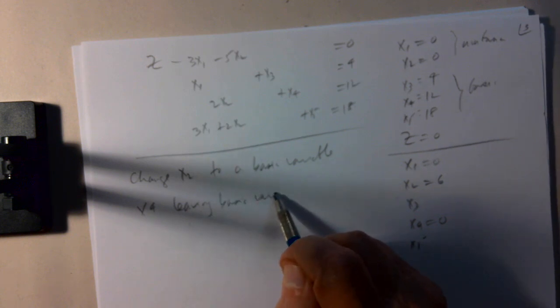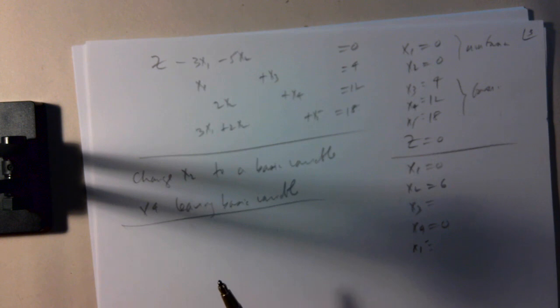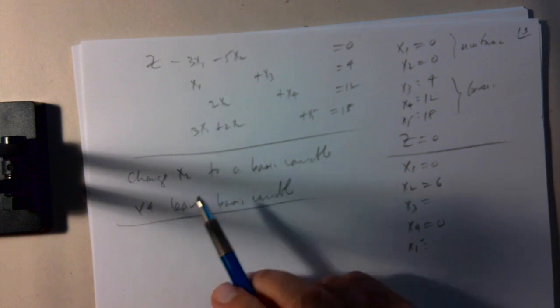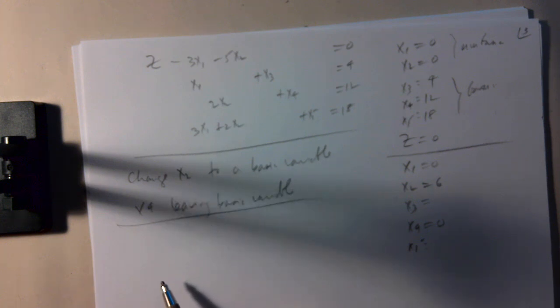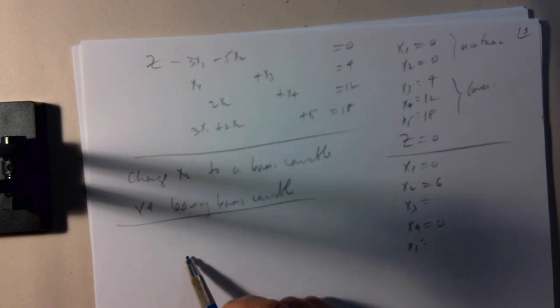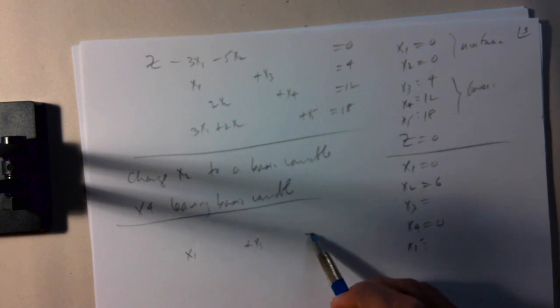It means it's no longer a basic variable. It's now going to be a non-basic variable. And I can solve for x3 and x5 to find out what they will be in this case. One way I'm going to do it is by simplifying these equations. x1 plus x3 equals 4.